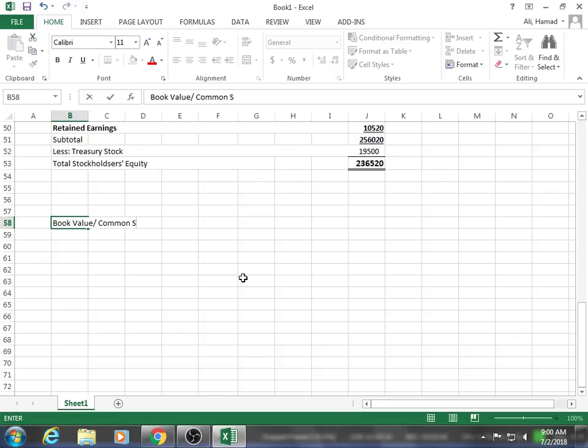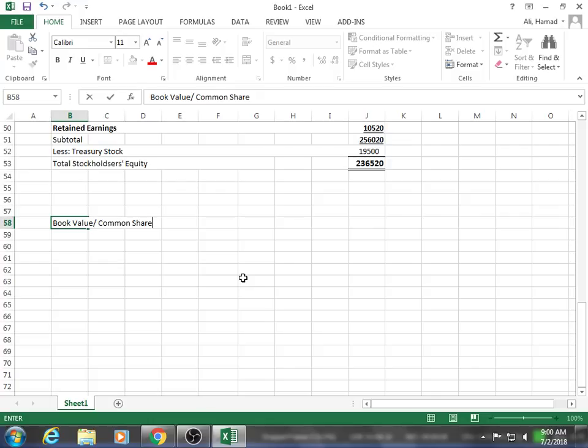Remember, guys, the preferred stock. Why is it called preferred stock? Because it has a preference over the common shares in two ways. What are those two ways? It has a preference in receiving dividends, number one, and number two, if there is liquidation, the preferred shareholders will get their equity first.